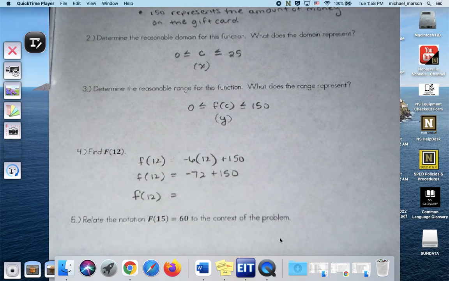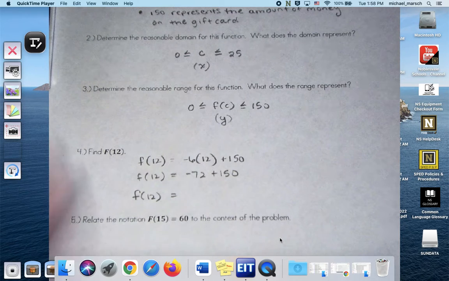So how much money is left on my gift card? I would say 78. Is it 78? 78 and 72 equals 150?